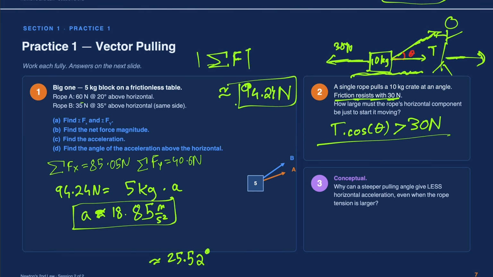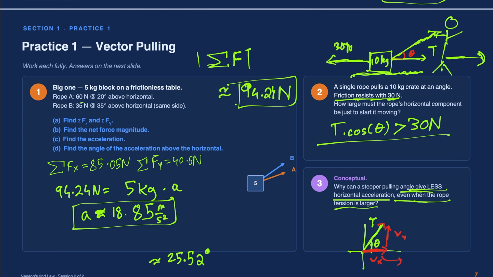Why can a steeper pulling angle give less horizontal acceleration even when the rope tension is larger? If your tension magnitude was larger, why does it give less horizontal acceleration? Well, every vector is made of two other vectors, vector y and vector x, and vector x is the horizontal component.